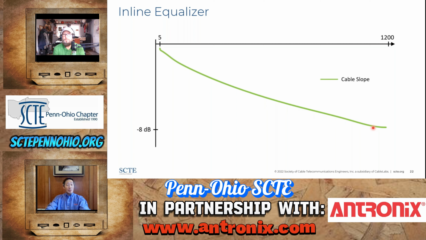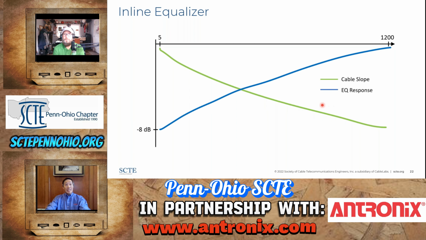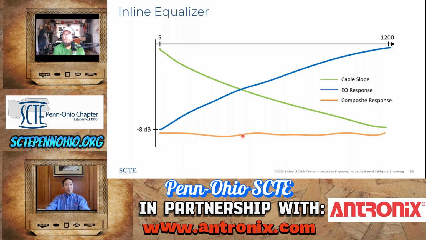So the frequency response of the inline equalizer, this is the filter that's inside it. It's equal and opposite the cable slope. So when you put the two in series together, let's say this is an 8 dB cable equalizer and this is an 8 dB length of cable, you would get a straight line. Well, ideally a straight line with a certain amount of flatness to it.